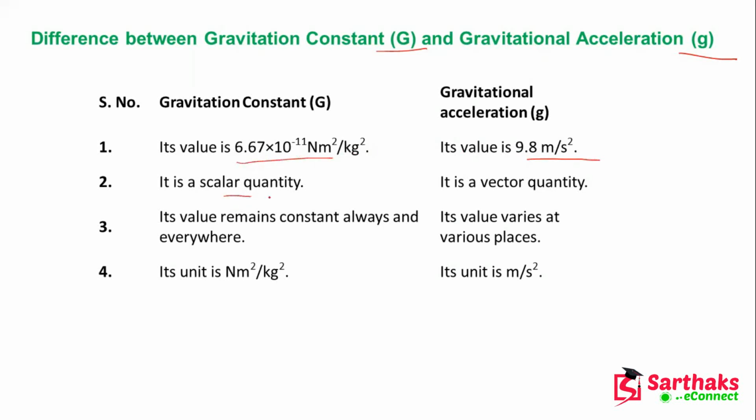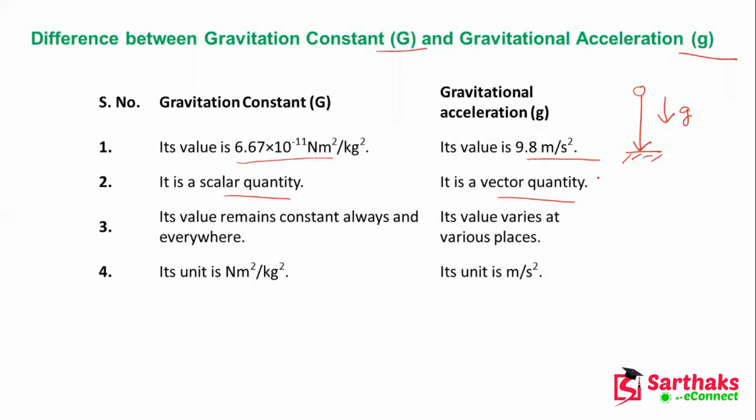And this is a scalar quantity, but this is a vector quantity, because whenever some object is falling down to the earth, the gravitational acceleration will act here. If I throw one ball upward, the direction will be different. So it is a vector quantity.